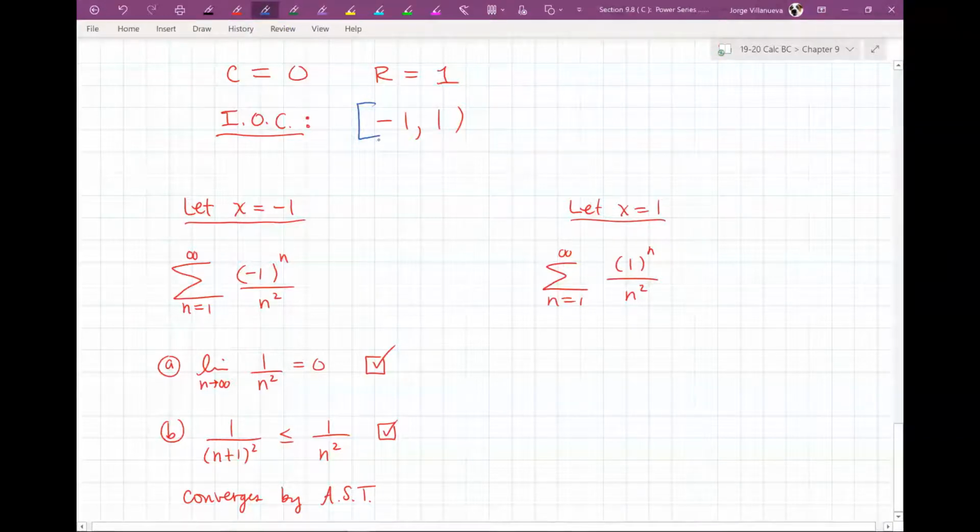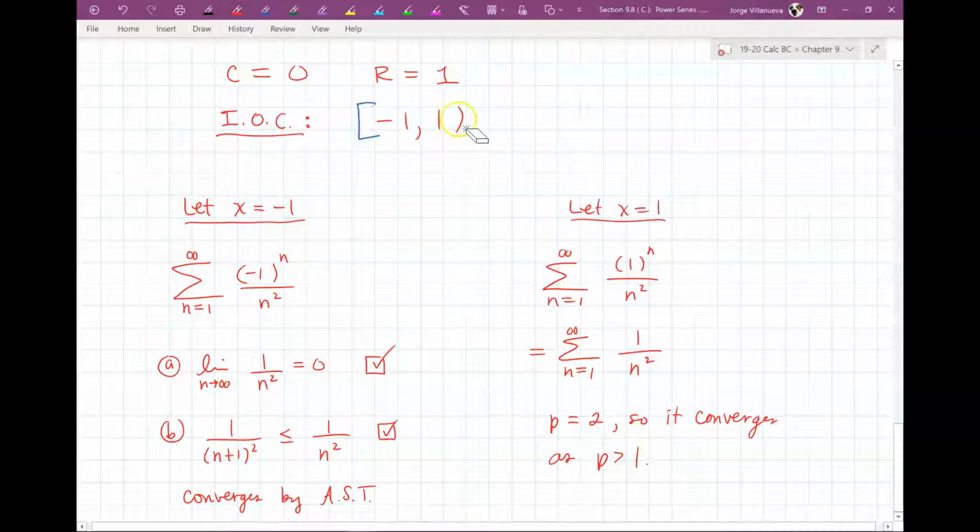Now let's check 1. This basically simplifies to the sum as n goes from 1 to infinity of 1 over n squared. What test can I use to prove this? P series. Well, P is equal to 2, so what does that mean? Does it converge or does it diverge? It converges, as P is greater than 1.